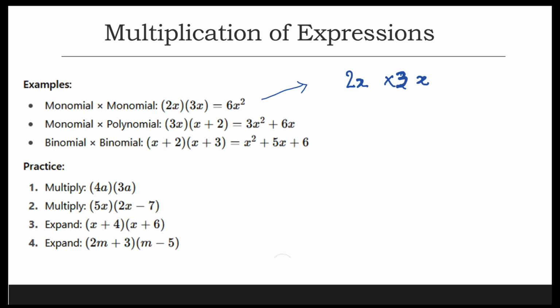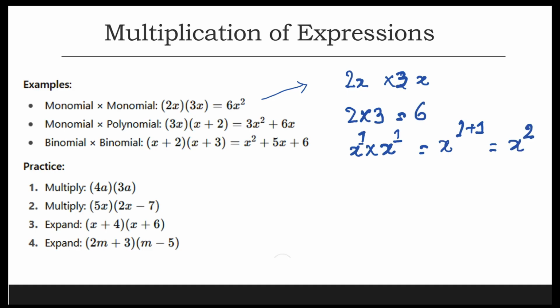In case of coefficients, we will simply multiply them. So 2 into 3 is equal to 6. Now x into x, here the power is 1, here the power is 1. We will add these two powers. So x to the power 1 plus 1 is equal to x square. Clear?